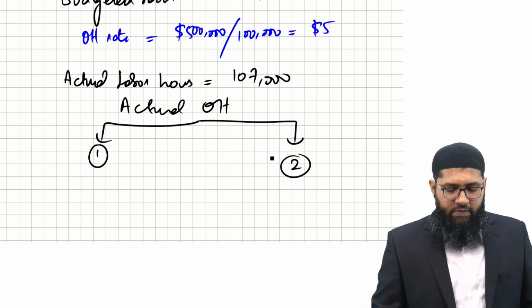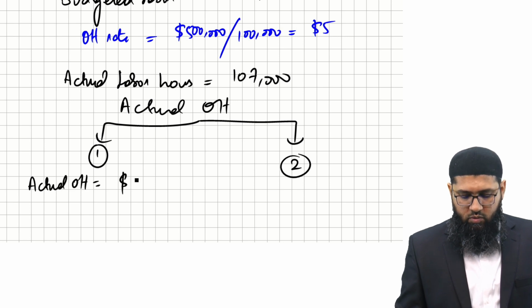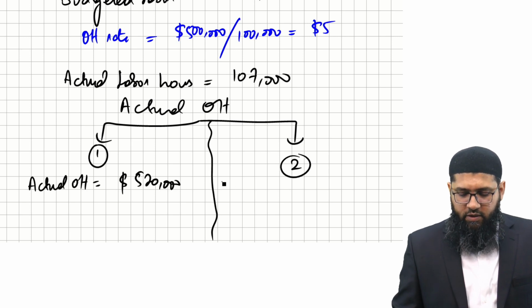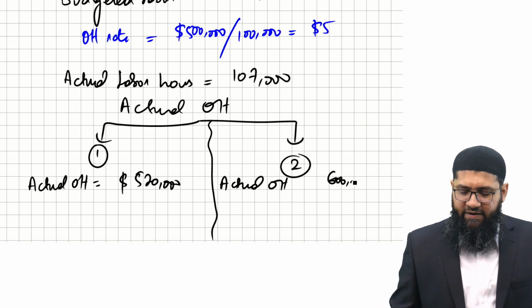In situation 1, the actual overhead is, let's say, 520,000. In situation 2, I would say the actual overhead is 600,000.